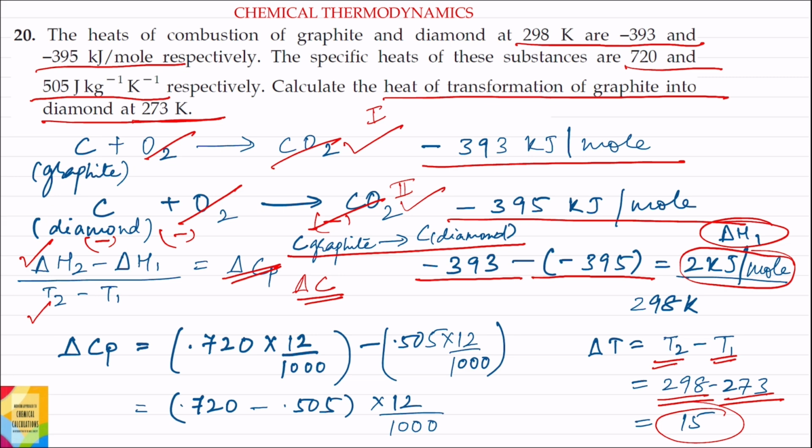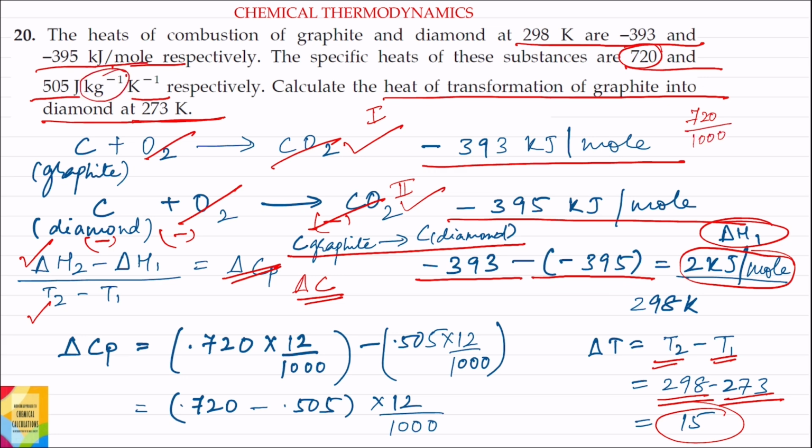Now value of delta C means specific heat of graphite minus specific heat of diamond. Now specific heat of graphite is 720 joules per kg per Kelvin. Now to convert it into kilojoules, 720 will be divided by 1000 and this is per kg.